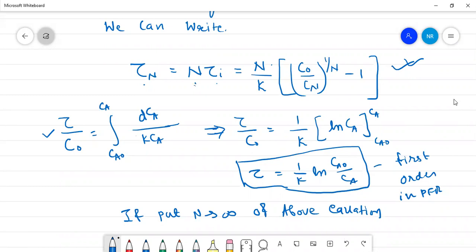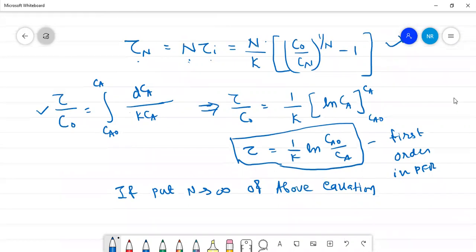Can you reduce this one and tell me the last answer? If I put infinity here, n tends to infinity, what is the answer if I reduce it? Can you tell me the answer? Dharmik, it's a direct answer.